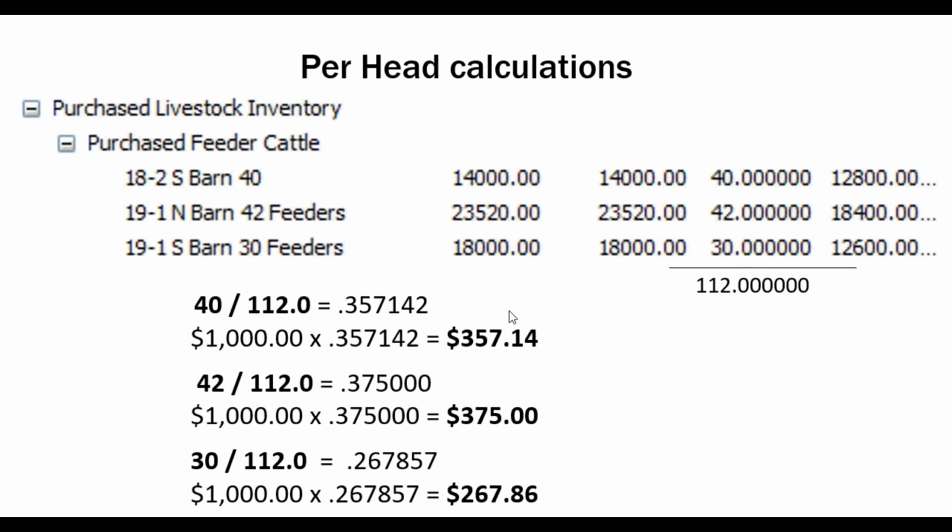So in doing each one of those portions of the calculation, in the case of the 18 South Barn, it took the 40 head, divided it by my total of 112, came up with that calculation. My total amount for the dollars in my transaction was 1,000. Takes the 1,000 times that calculation and gave it a calculated dollar of $357.14.